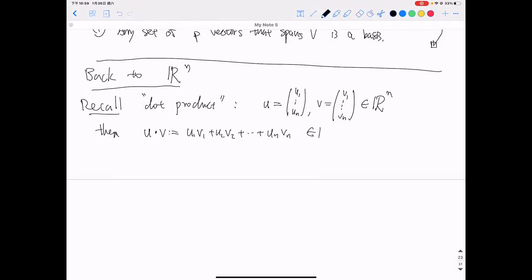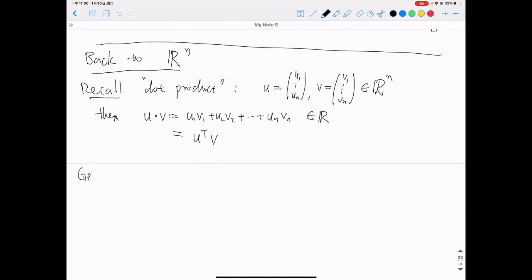This is a scalar, of course, and in matrix form, you can view this as the transpose of u, as a matrix, multiplied with the vector v.